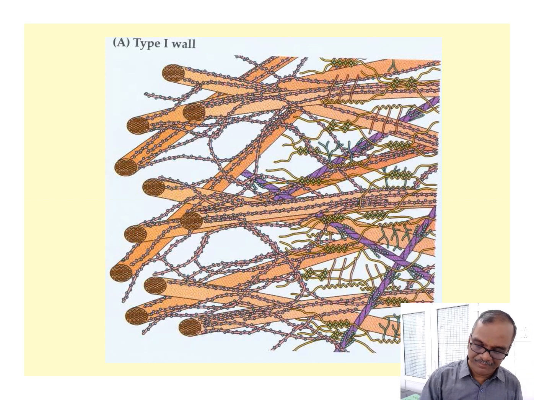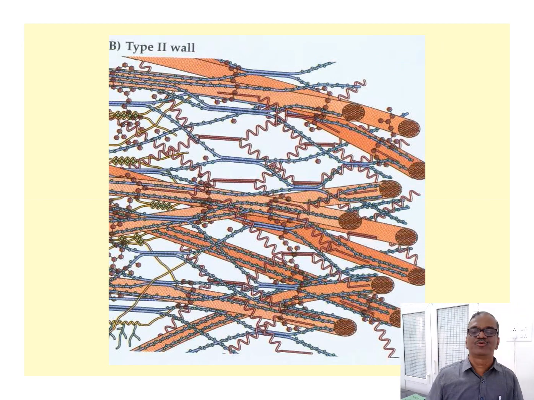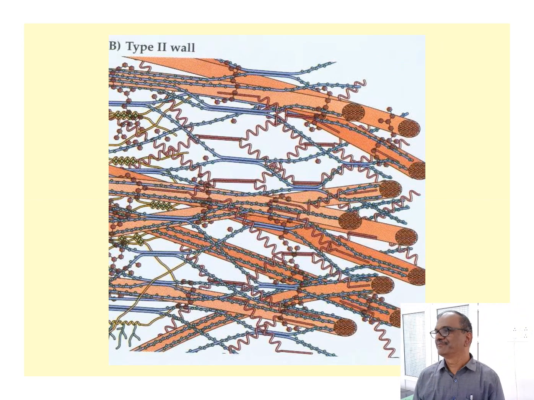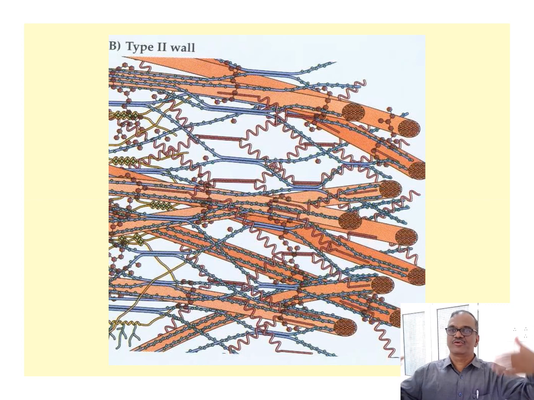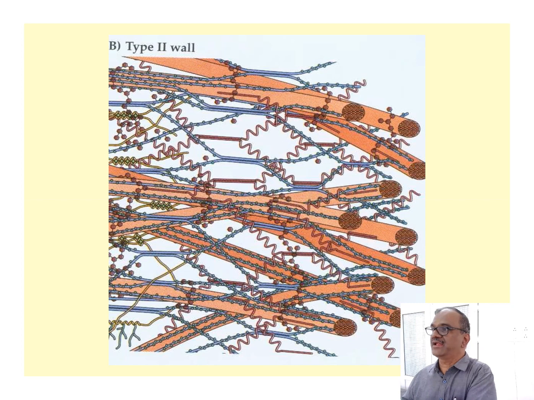Now type 1 cell wall, this is okay. Then type 2 cell wall. Now at this level, you know there are two types of cell wall because of the rearrangements of the various layers. It may be cellulose or hemicellulose and the pectic polysaccharides and the protein layers.